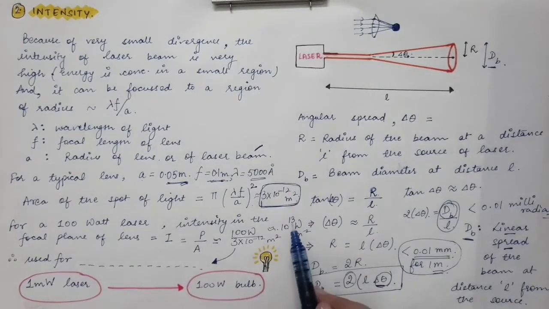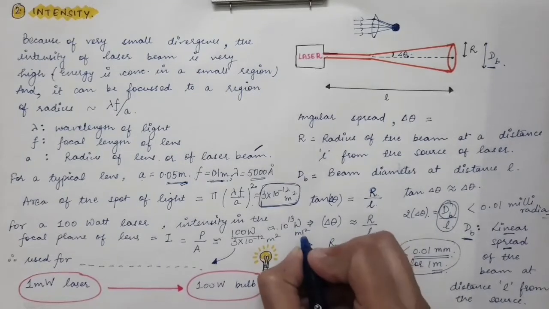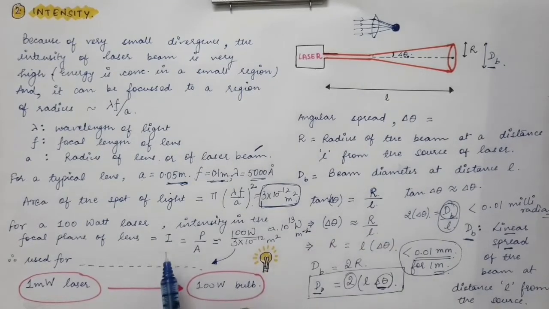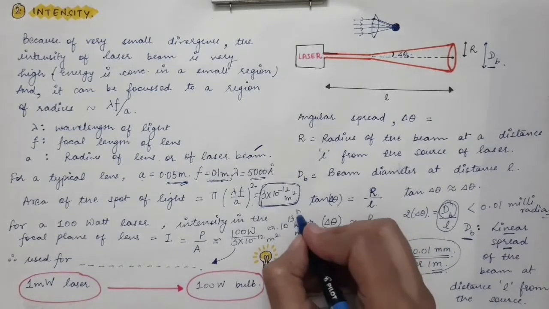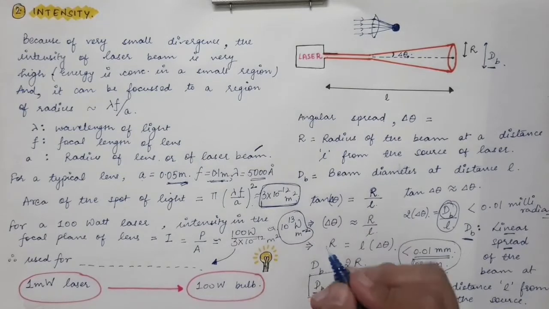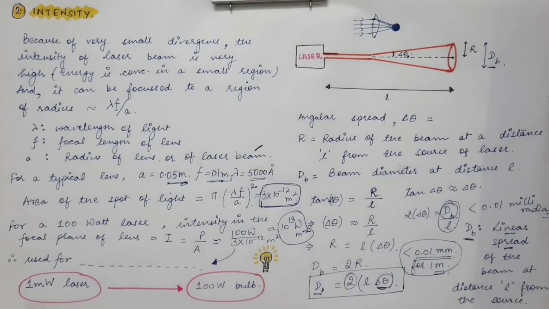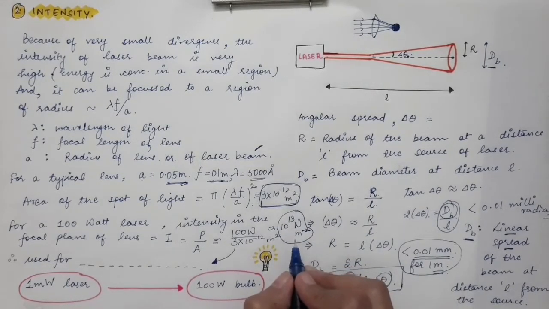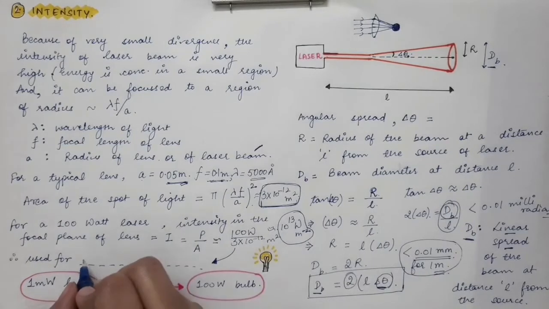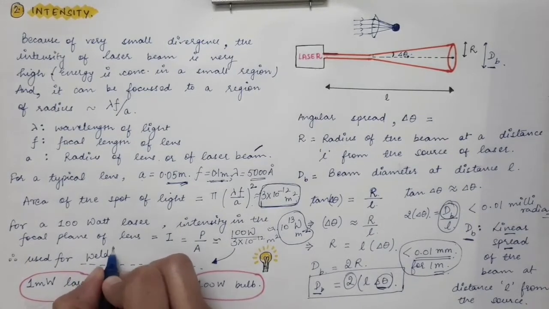So 10 power 13 watt per meter square will be the intensity of a laser light whose power is 100 watts. You can clearly see how high this intensity is. Due to this high intensity, the laser can be used for welding and cutting purposes.